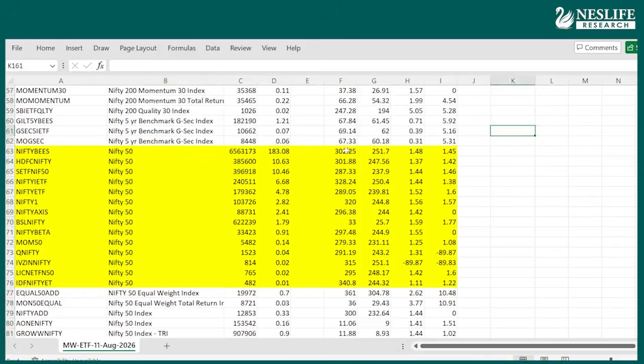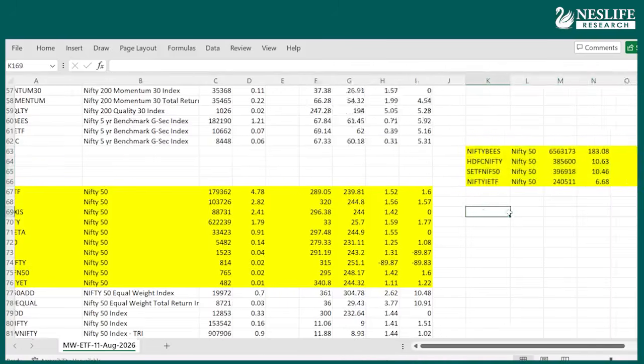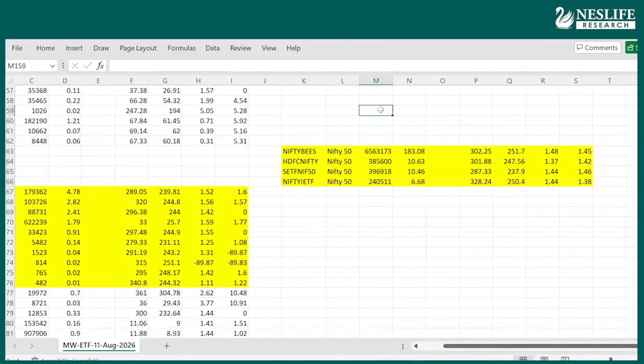So you can find the liquidity, which are the top three among these. These are the top three based on the liquidity. Top three, four. Let's separate them. So first is category. Here we selected Nifty 50 as the category or underlying index. Then AUM.